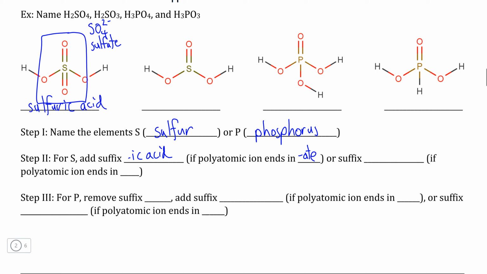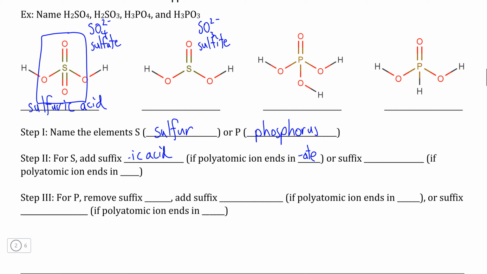So this would be pronounced sulfuric acid, and we can see the spelling distinction is minor, but it is there nonetheless. And likewise, the polyatomic ion SO3 2- that we see here goes by the name sulfite.